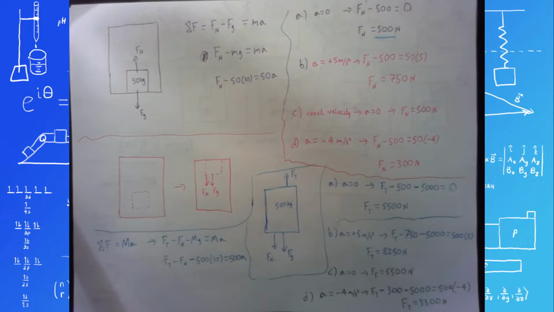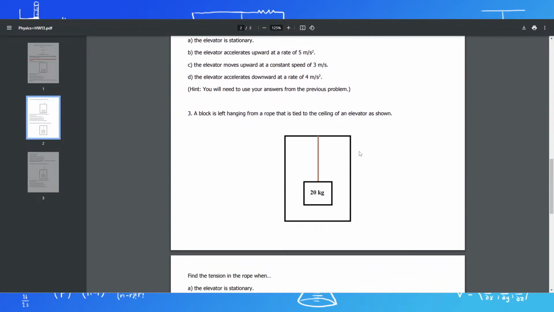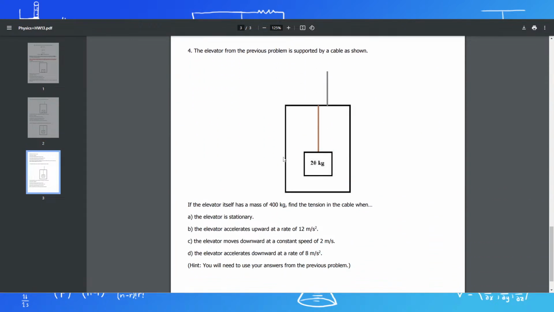Okay, and I think that is where we will have to wrap things up. So for homework, there's still parts 3 and 4 over here.